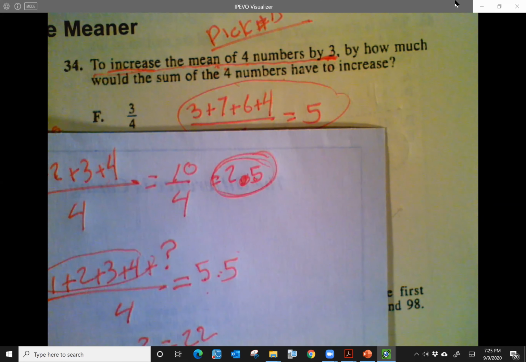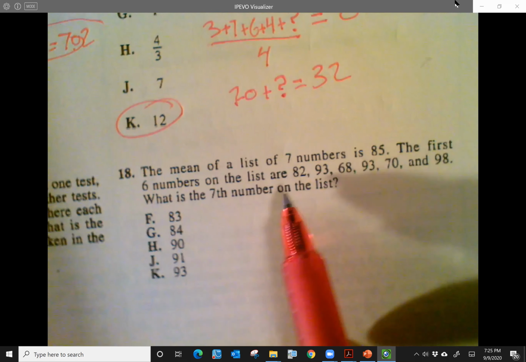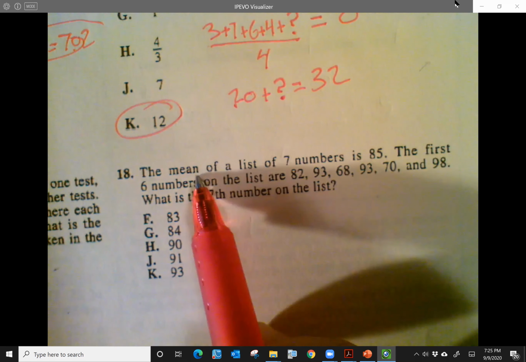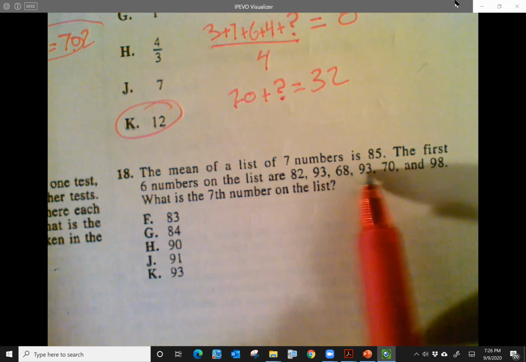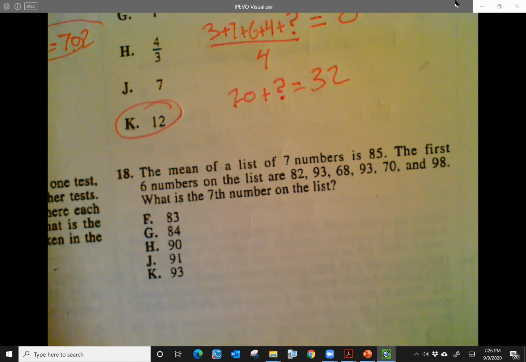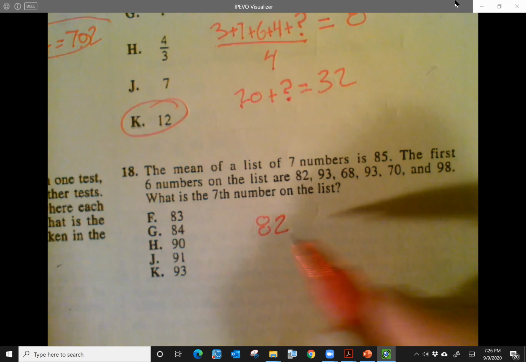Let me show you a slightly different technique. Number 18, it's kind of similar to that, but not bad. Here, this tells us the mean of a list of 7 numbers is 85. They're telling us 6 of the numbers. What's the 7th number? No big deal. Remember, to find the mean, you add them up, right?